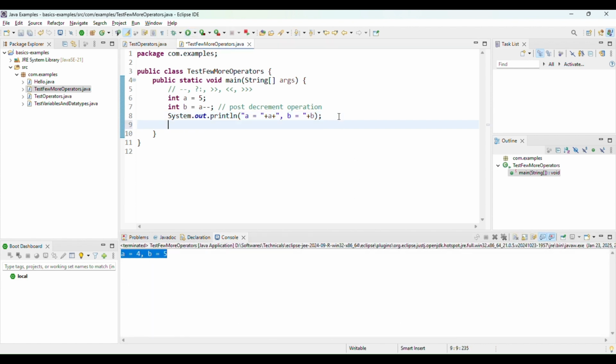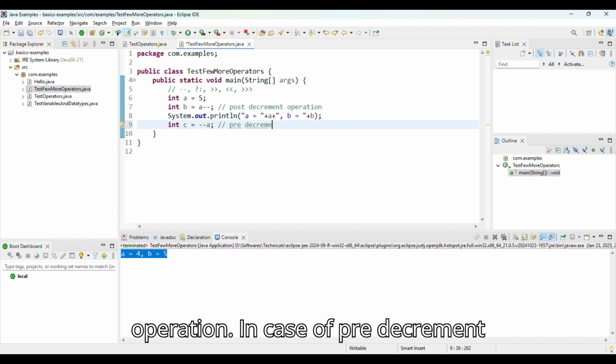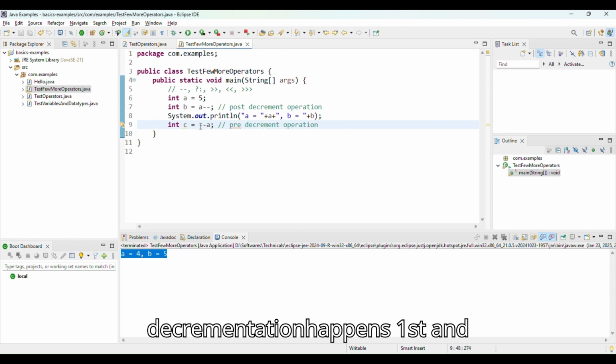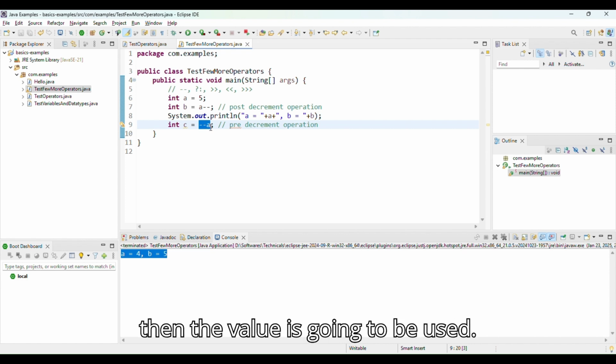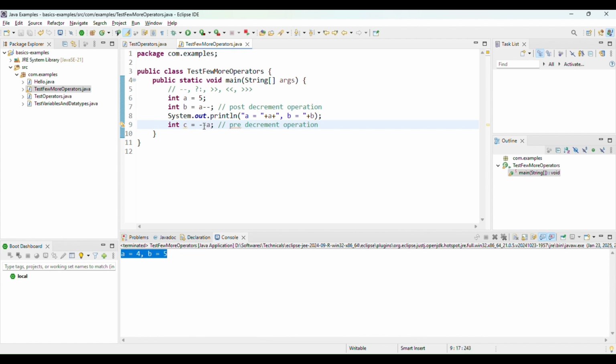Let me apply int c equals minus minus a. This is called a pre-decrement operation. In case of pre-decrement operation, the decrementation happens first and then the value is going to be used. Currently, the value of a is 4.